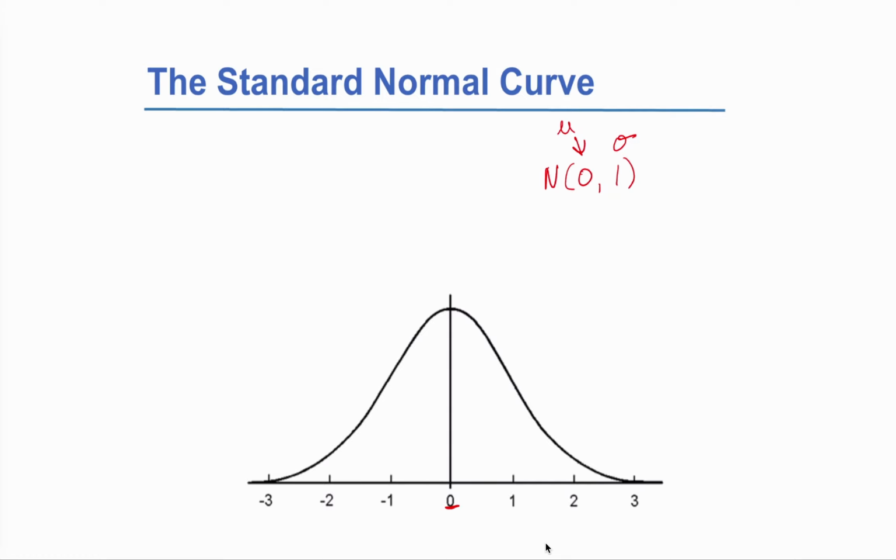Nowadays, your calculator can calculate the percentage under the curve with any mean and standard deviation. But what it does is it's normalizing the distribution for you and then comparing it to a built-in table of normal distributions. It's not actually probably doing the integral every time.